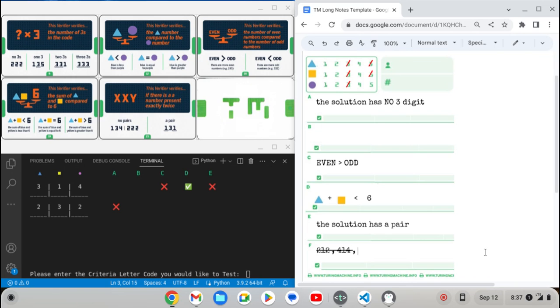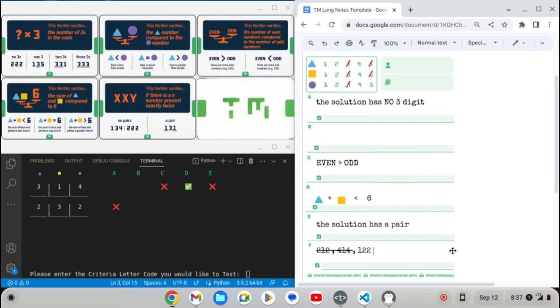Okay, so now what if triangle were smaller than circle? What does that mean? Well, it could be 1, 2, 2. That's where triangle is smaller.